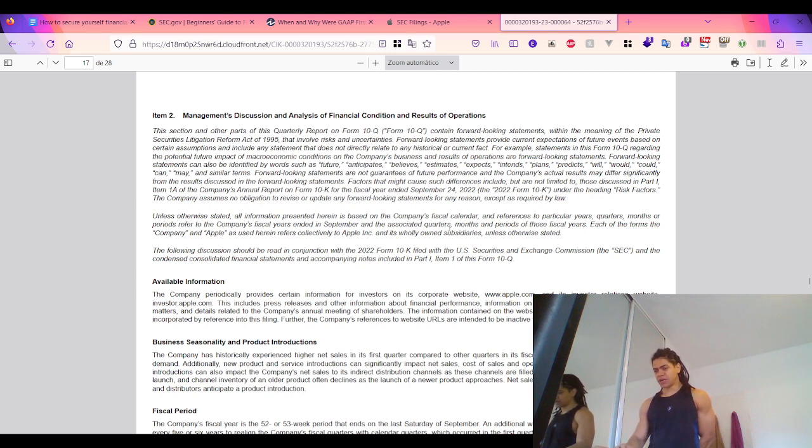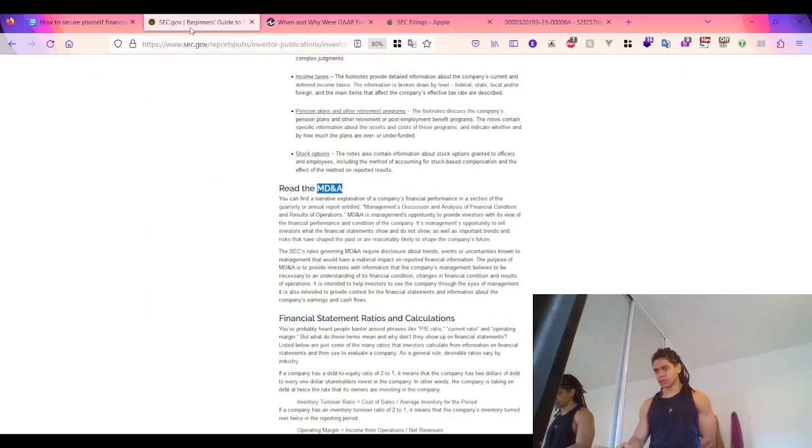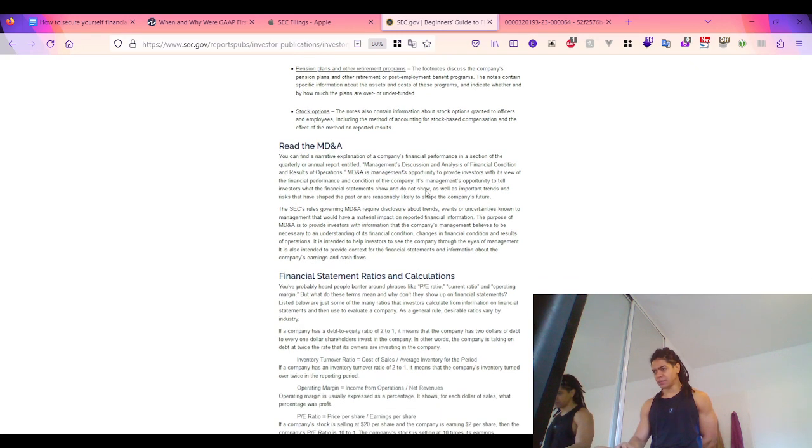So this section helps investors by providing more context about the financial statements, and information about the company's earnings and cash flow.